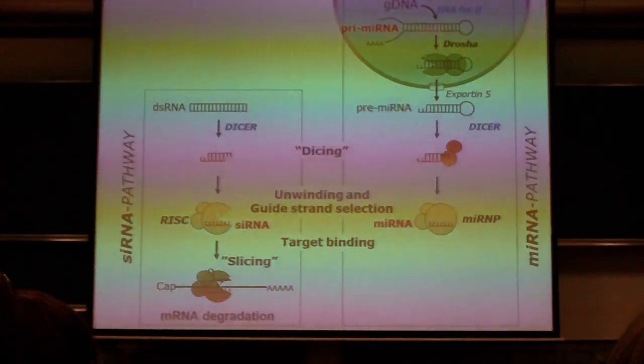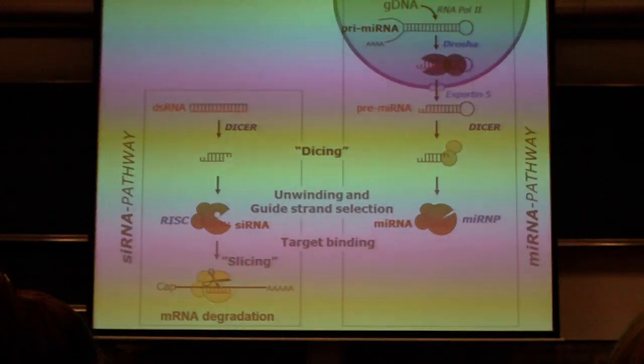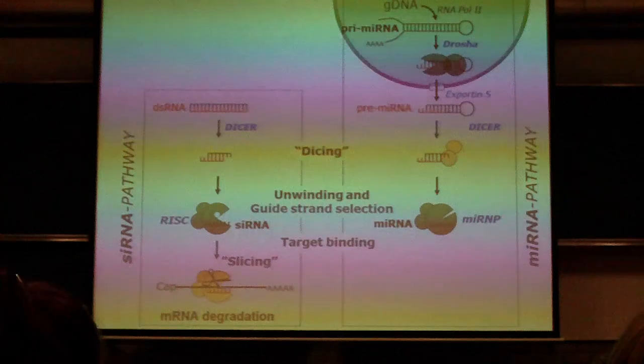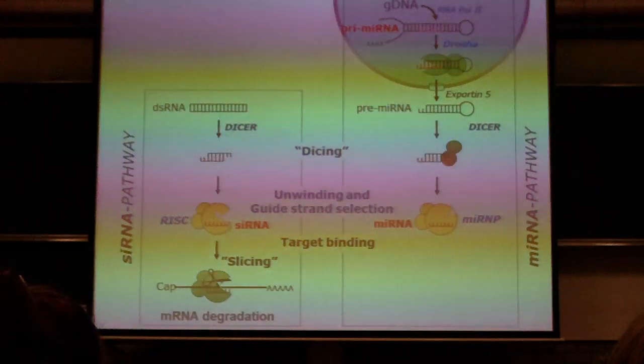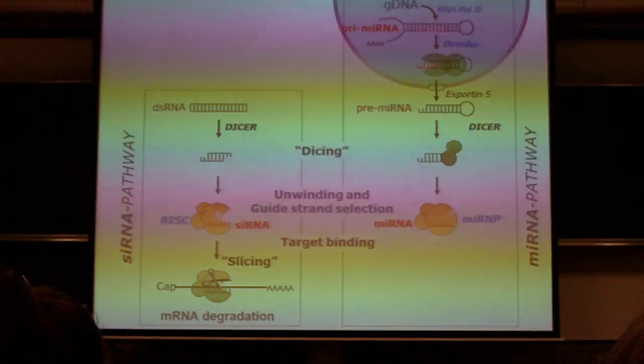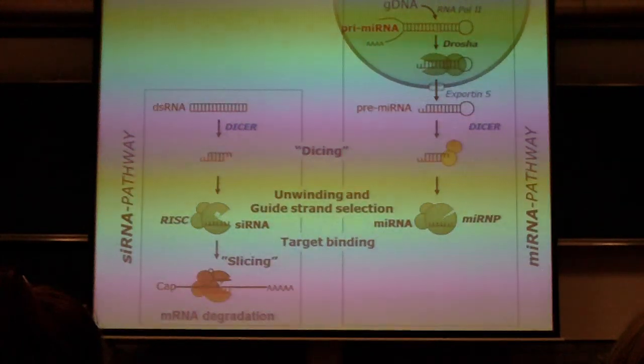By mechanisms that are not entirely clear yet, this RISC complex, or protein complex with the small RNA inside of it, starts looking for messenger RNAs that are complementary, or at least partly complementary.